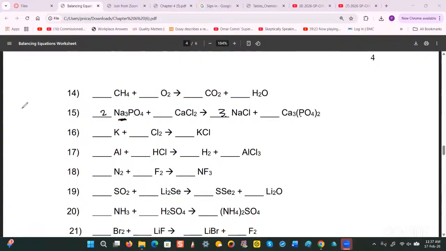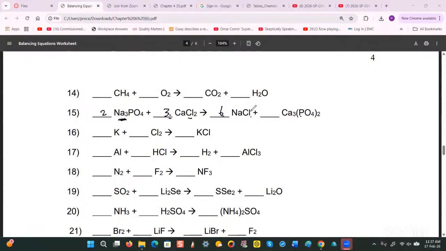Now the oxygens, 2 times 4, 8, 2 times 4, 8, so the oxygens are okay. You have 1 calcium here, you have 3 here, so I would put a 3 here, right? And then 3 chlorines here, 3 times 2, 6 chlorines, so now the equation is balanced.